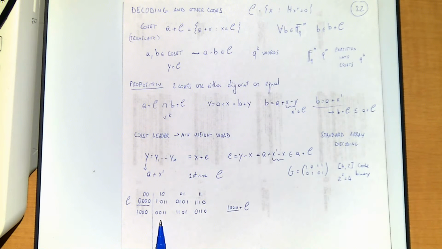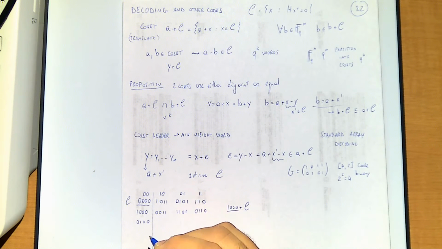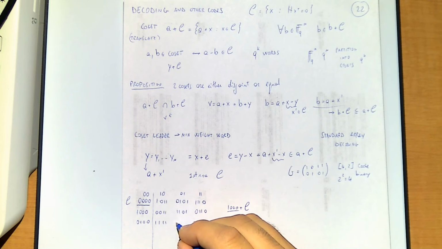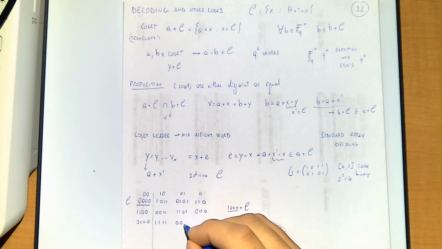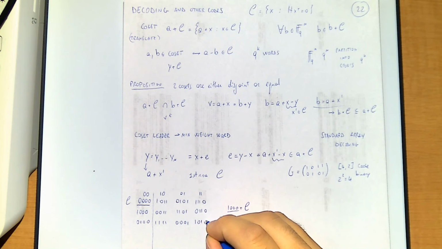Of course, I couldn't choose in this one or this one or this one, but I always choose the minimum weight one. Okay? Then I can do 0, 1, 0, 0, and that gets me 1, 1, 1, 1, and 0, 0, 0, 1, and 1, 0, 1, 0.